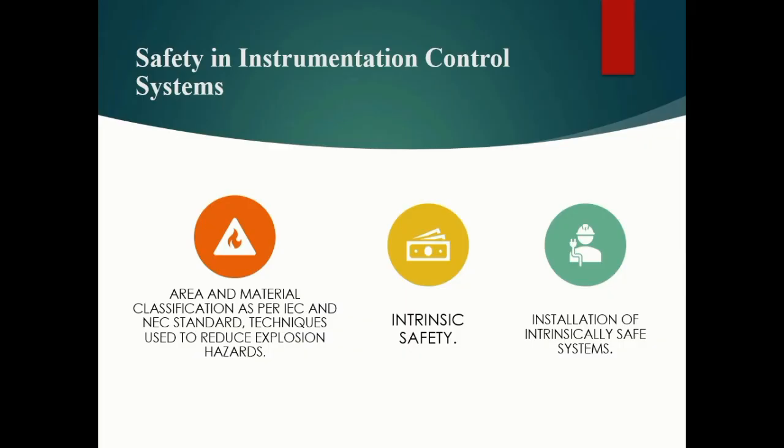After that, a very important chapter, that is safety in instrumentation systems or instrumentation control systems, we are going to see. This is a very important chapter because the safety aspect is really very important. Whenever we are designing something, the safety aspect of any system is very important.